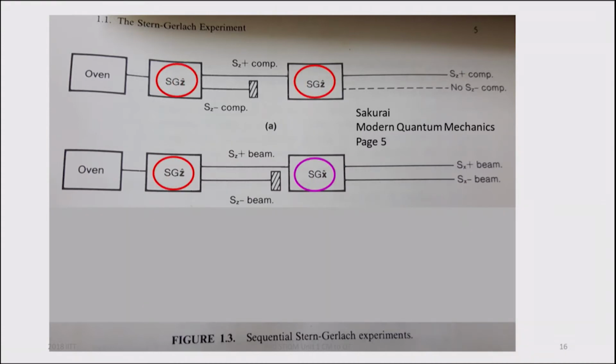But if you have a Stern-Gerlach apparatus in which the magnetic field is along the z axis, stop the minus component, the spin down component, and let the spin up component go through a different Stern-Gerlach apparatus, which is oriented at 90 degrees with respect to the previous one, then you get two beams, one with spin down and the other with spin up with respect to the x axis.